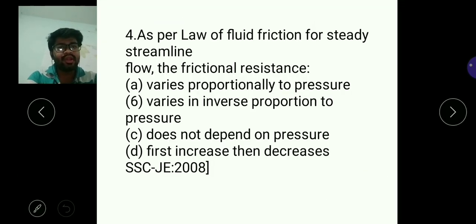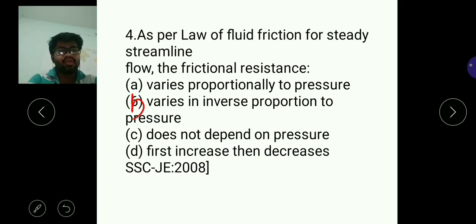Then moving next, as per the law of fluid friction for steady streamline flow, it varies in inverse proportion to pressure.